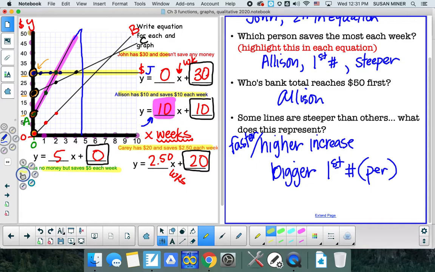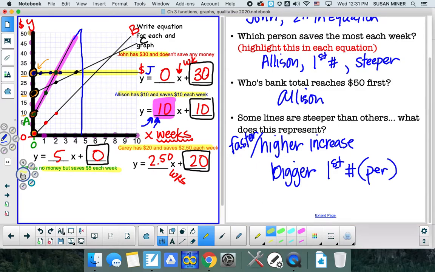If my number's bigger here, then I'm going to have a much steeper line, right?